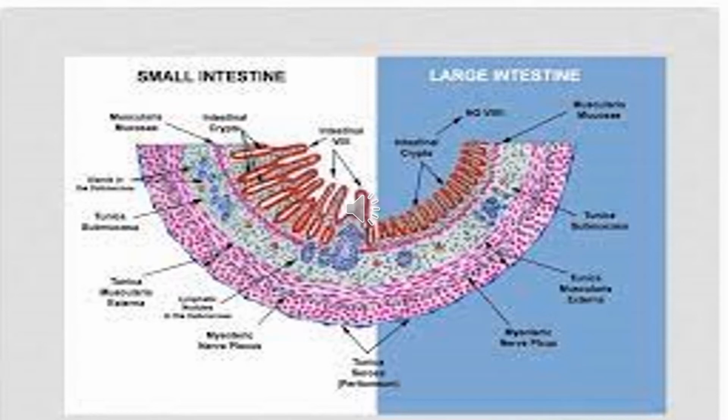So, if these two parts of the intestine are seen under the microscope, you will see that in the small intestine, the columnar cell and goblet cell ratio is more columnar cells and few goblet cells. However, the number of goblet cells increases towards the large intestine.